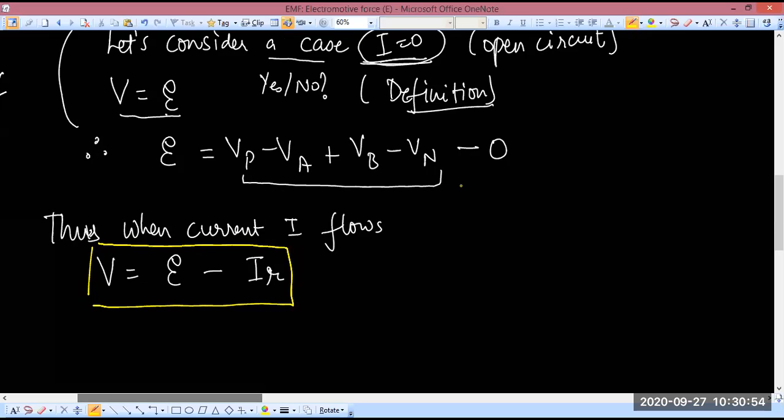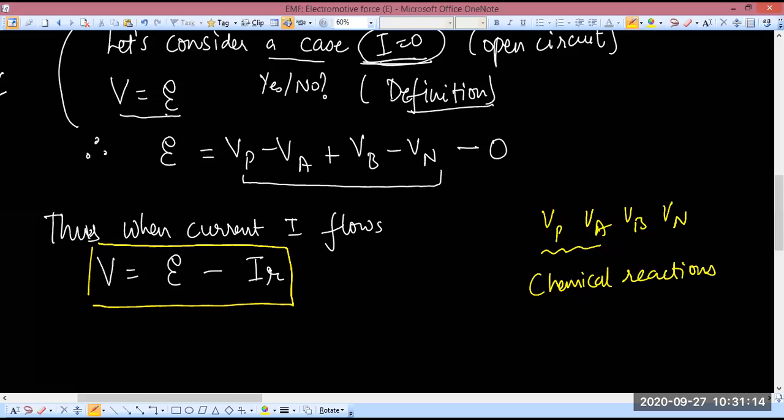I was about to tell you, why do Vp, Va, Vb, and Vn not change? The reason is, you're going to learn this in chemistry, but I'll just give you a basic idea. These potentials are actually decided by chemicals or chemical reactions.